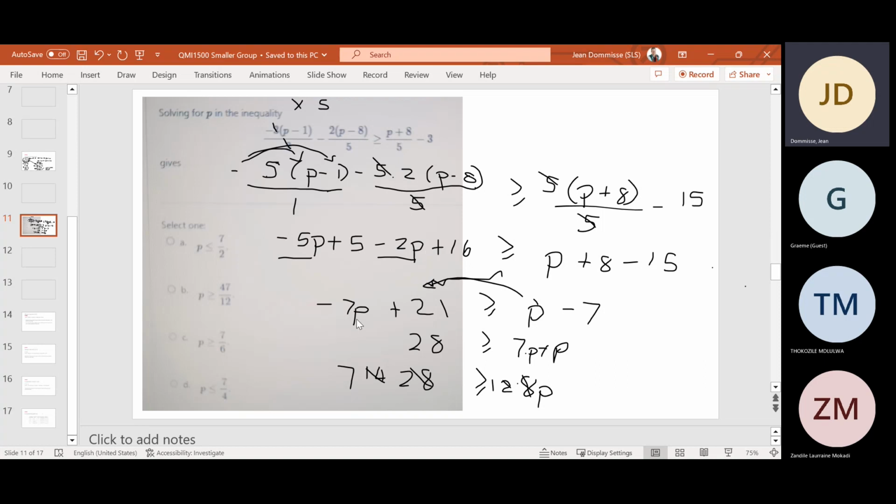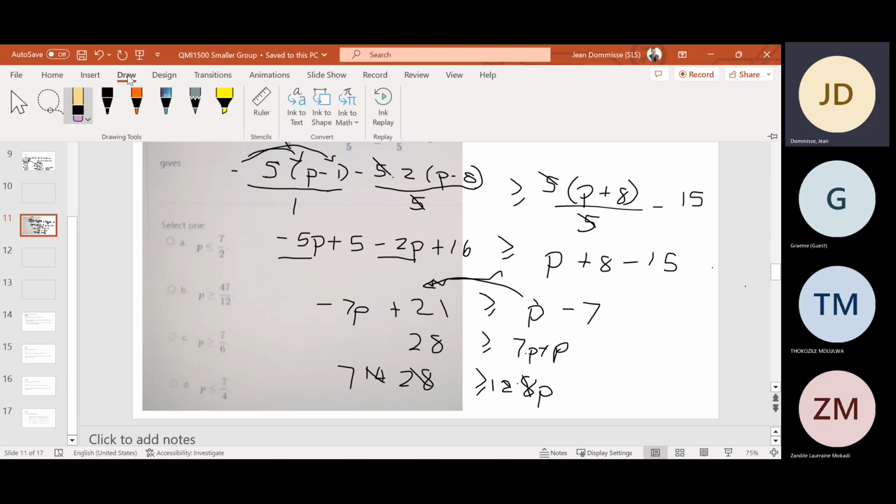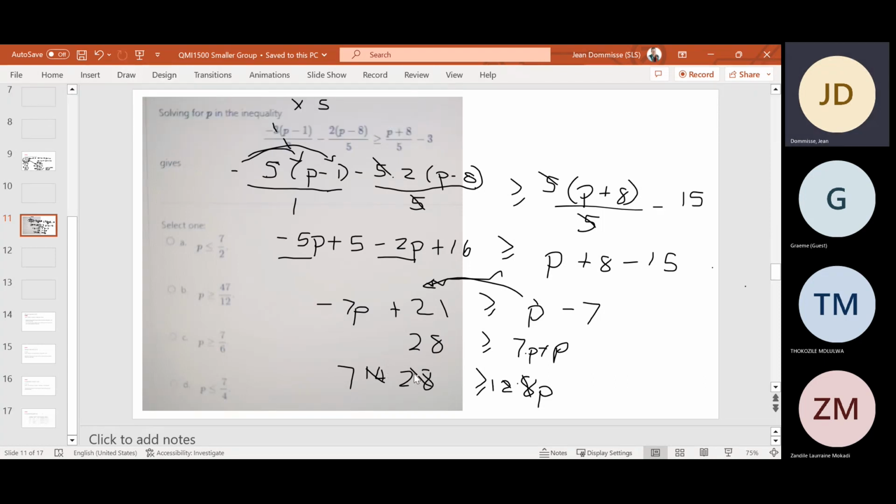That plus that is minus 7. That plus that is plus 21. That is correct. That minus that is that. Take that over. It becomes 28. Probably just now.